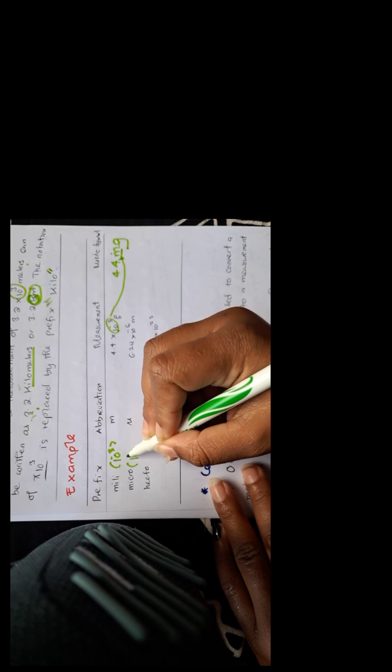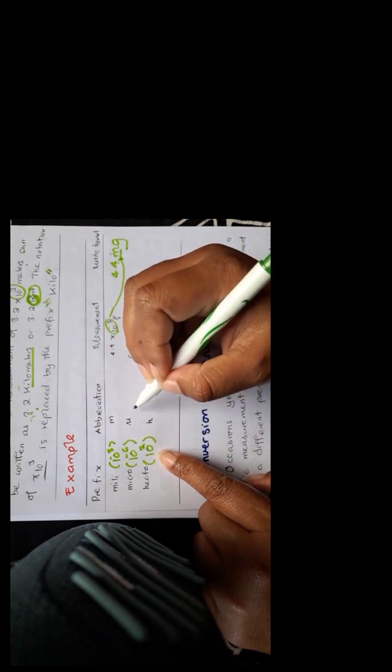Micro has 10 to the power of minus 6, and hecto is 10 to the power of 2. The abbreviation for micro is mu. This is not u, it's mu. It looks like u, but it's called mu.